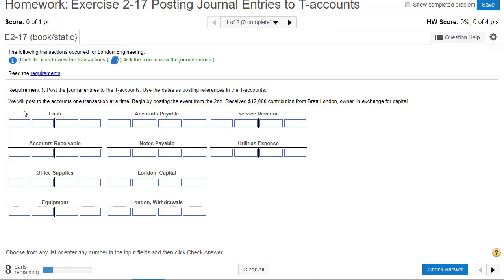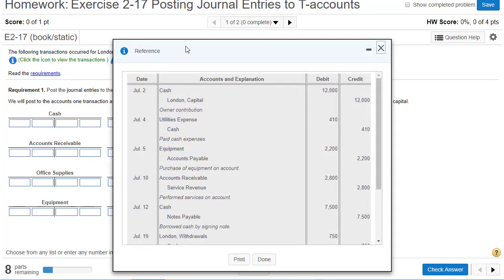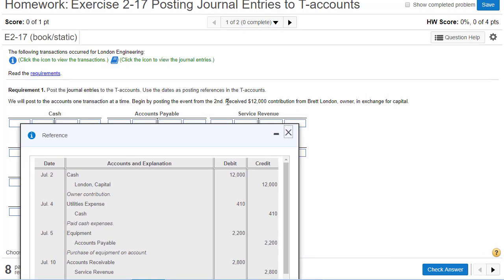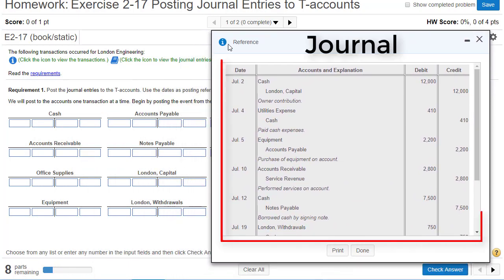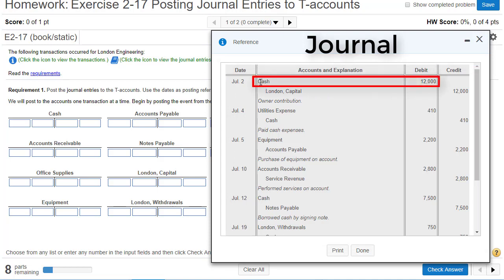So now we're going to start our posting process. Notice it says we will post the accounts one transaction at a time and begin by posting the event from the second, which is the very first transaction. Now notice they give us the explanation of the transaction here, but we don't need that. When we're posting, all we're doing is going to the journal, which is what this is, and copying the data one step at a time.